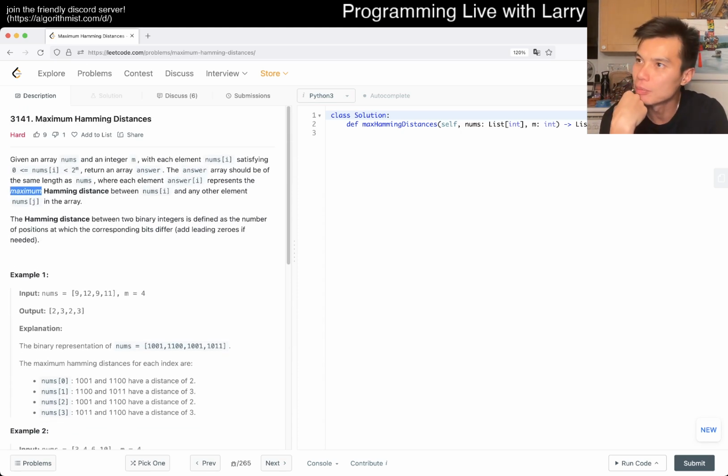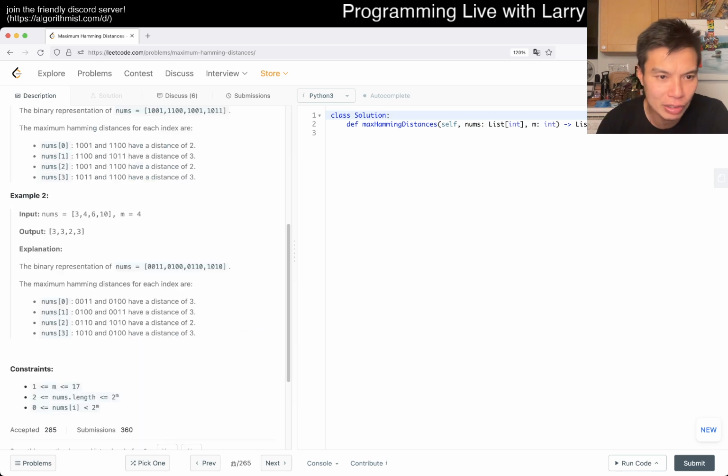What does the maximum mean? The maximum difference is also the minimum sameness, right? So basically, for example, this one has 2 characters the same as this. So then now we have to do it for each character.